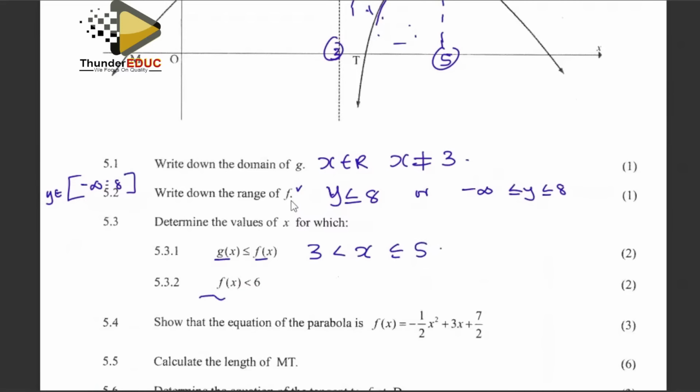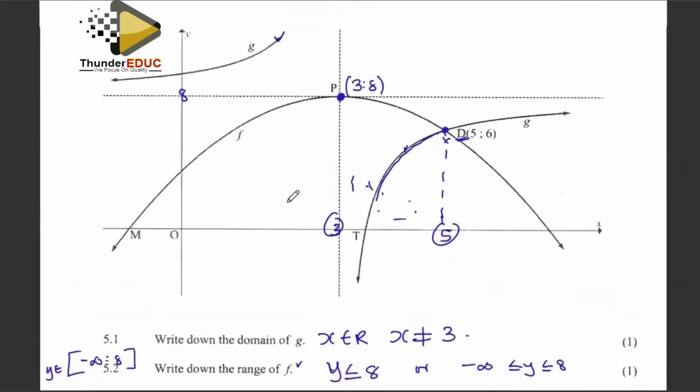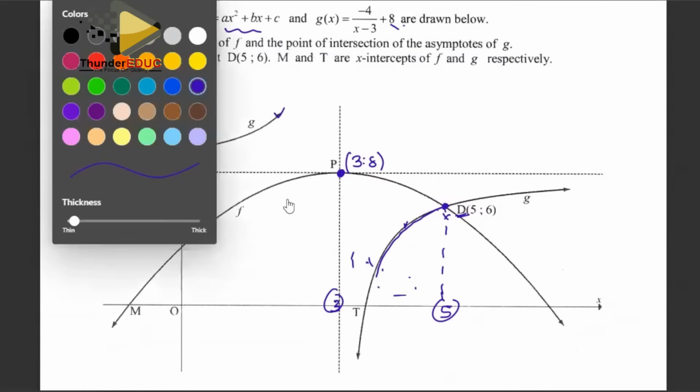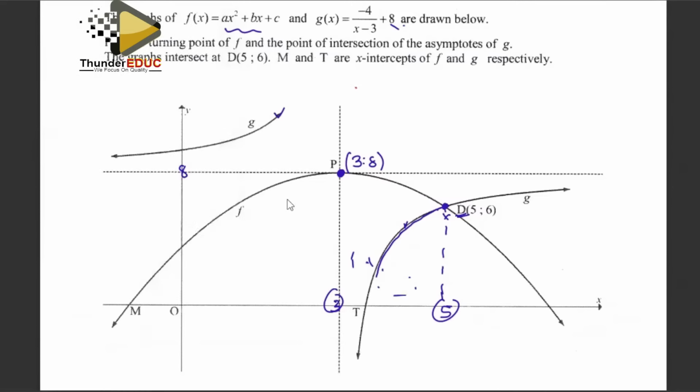And then where do we find the graph of f to be below 6? We know that f is the parabola. Where do we find it to be below 6? If I look at it nicely, the 6 is here, point D, which is the y value.